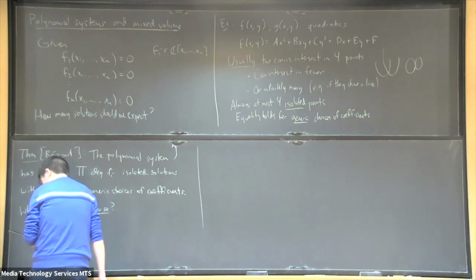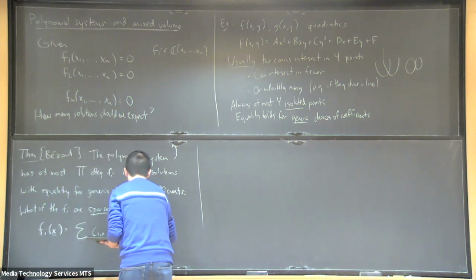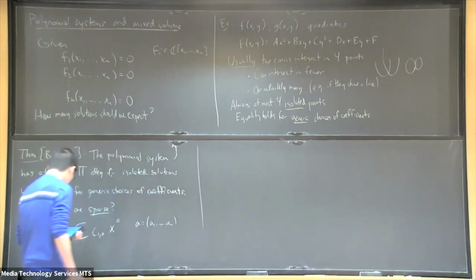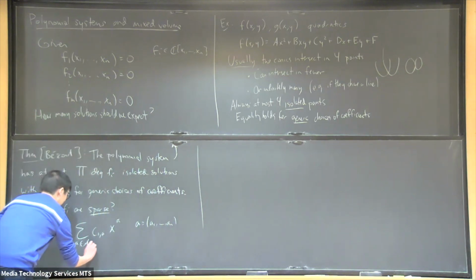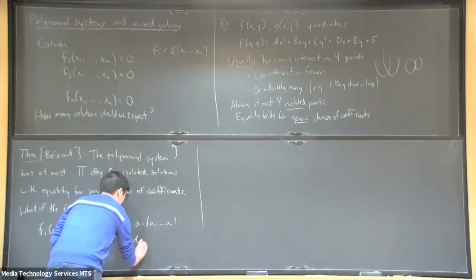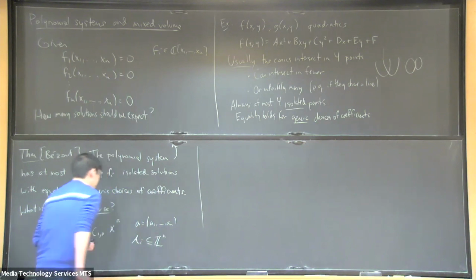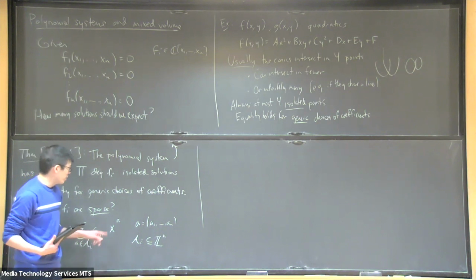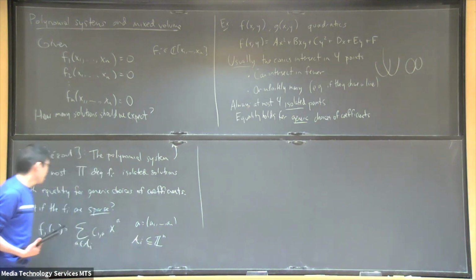And maybe we know that its support is some finite set. Here A_i you can think of as some subset of Z to the n. If we want non-negative exponents, I should take natural numbers to the n.